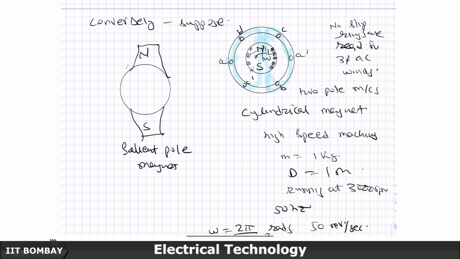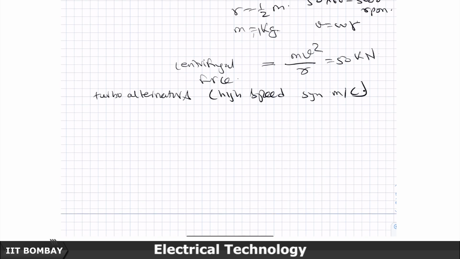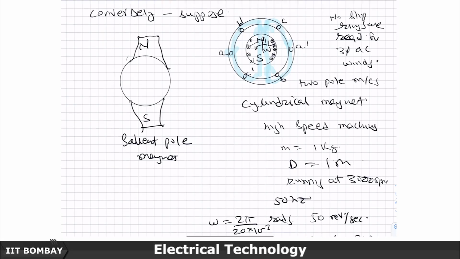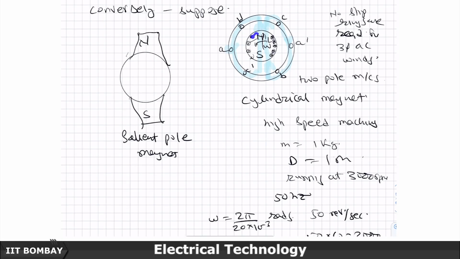They will be two pole machines, and they will be rotating at this 3000 rpm, and they would have their magnets or electromagnets which are in the cylindrical rotor form.